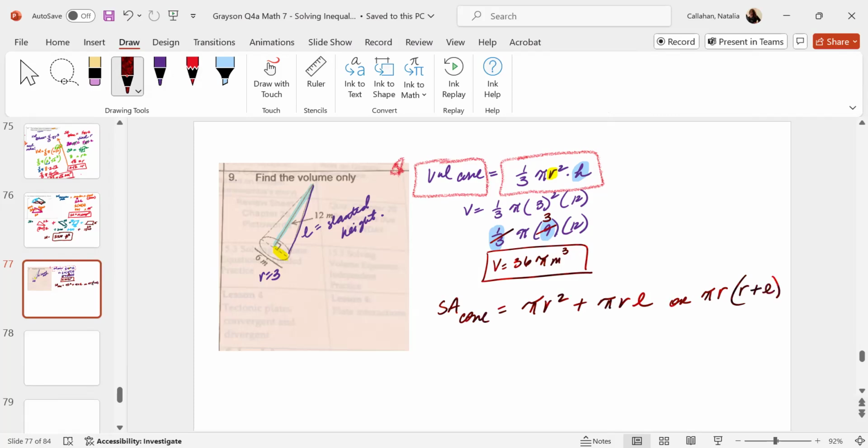Do you see that? So on your card, I want you to get a separate card just for cone. Draw the picture of a cone. And I want you to copy this right down. The part that I have right here in red, you need to copy down. Everything right here in red. I have a star next to.